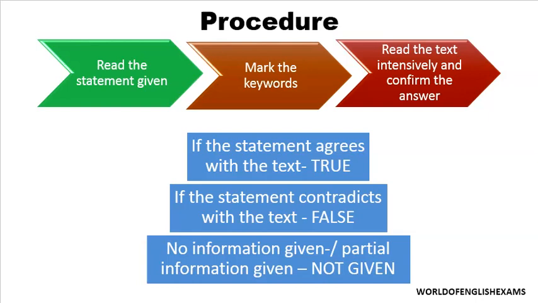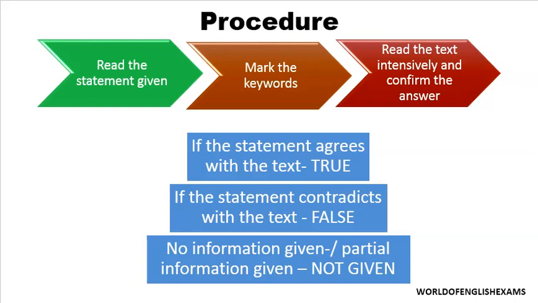So you don't need to worry too much about the sequence of the options or the answers. You can just read one question at a time. Then what do you do? You mark the keywords. The keywords are those words which are very important in getting the right answer, usually nouns, verbs, adjectives. These words are considered to be keywords, but sometimes adverbs are also very important. We are going to see that while we solve the questions.